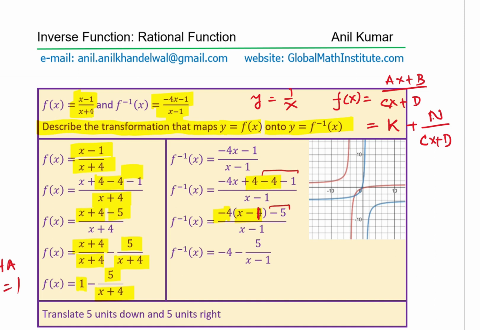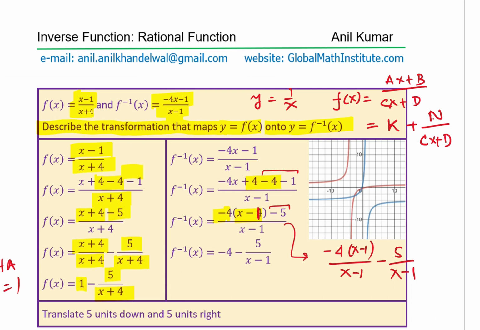And therefore, we could actually now write this again as we wrote here, as equal to 4 times x minus 1 over x minus 1 minus 5 over x minus 1.